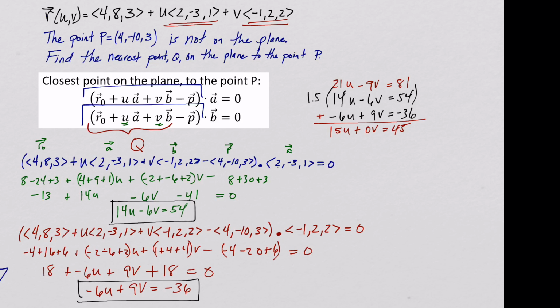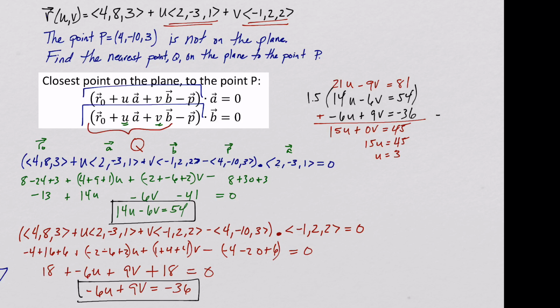Now I can solve this expression for u. So 15u is equal to 45, or u is equal to 3. So if u is equal to 3, now we just substitute that back into either one of the equations. And so I can do that and say we'll use the bottom equation down here.